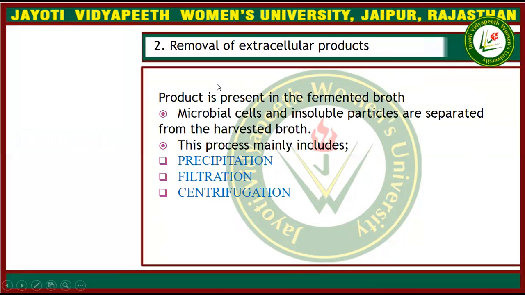From these products we separate which products are extracellular. These extracellular materials are precipitated, filtered, and centrifuged. If we need extracellular products, then we go through the process of precipitation, filtration, and centrifugation.